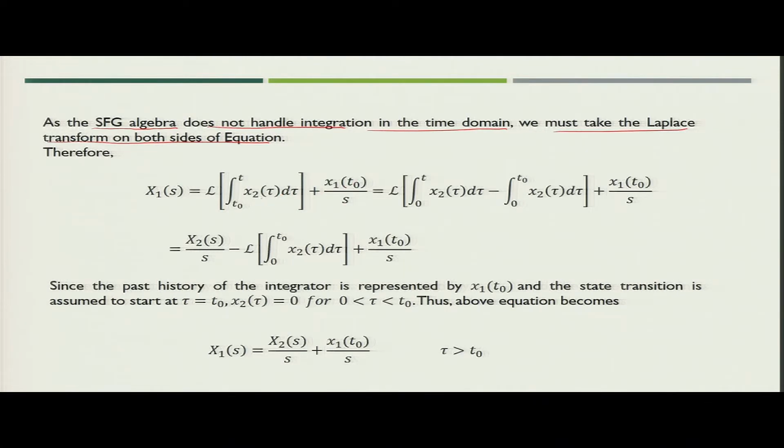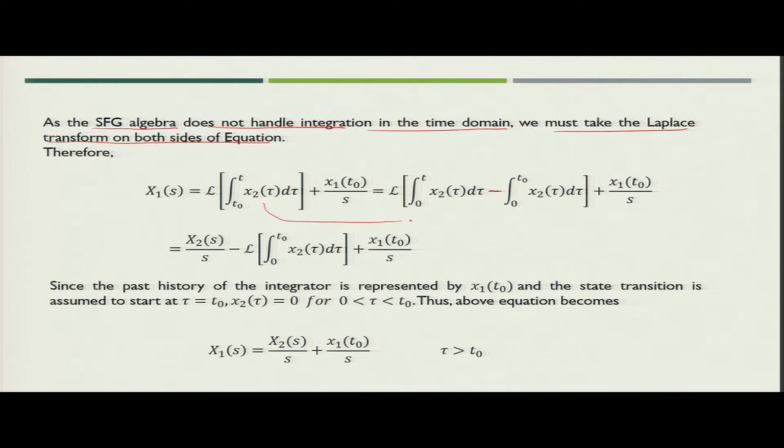Now, if you are doing the integration of this, you can separate it into two parts. One integration ranges between 0 to t of x2 d tau, and another, with a minus sign, is the integration between 0 to t naught of x2 d tau.